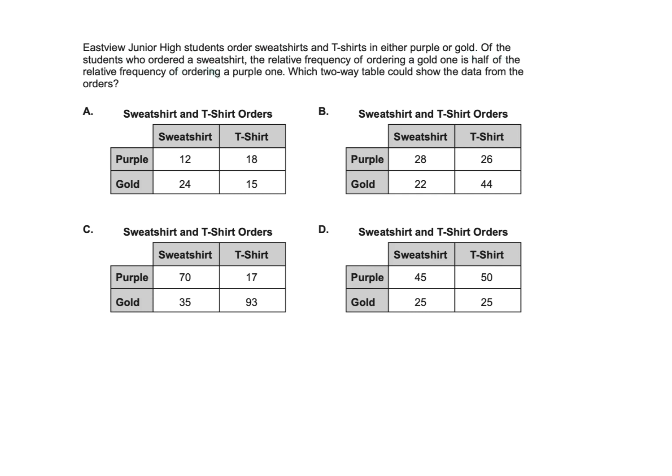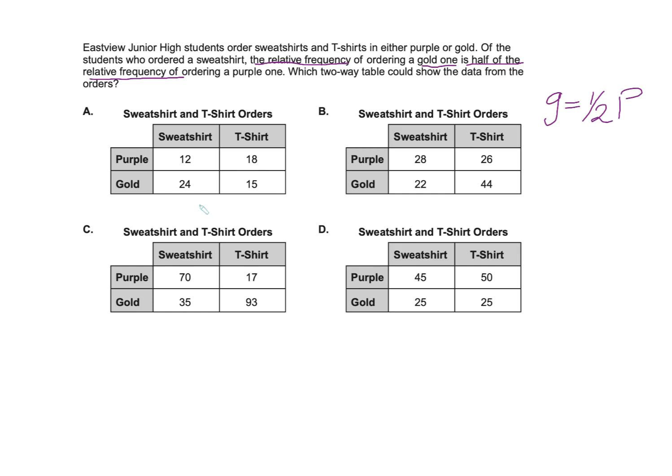Of the students who ordered a sweatshirt, the relative frequency, and remember relative frequency means probability, of ordering a gold one is half of the relative frequency of ordering a purple. Which two-way table shows the data for the orders?